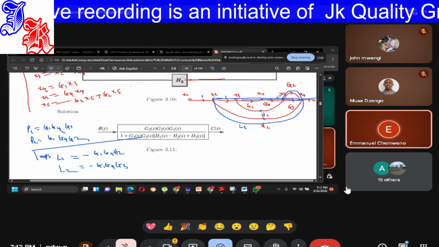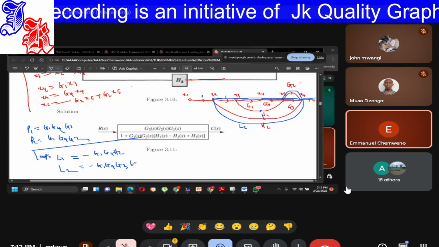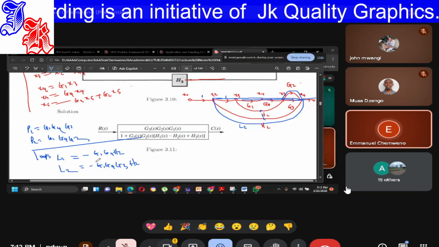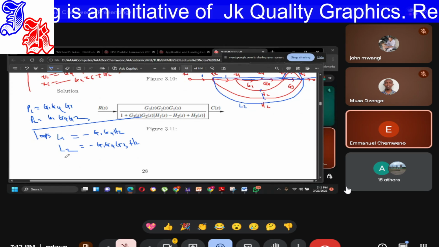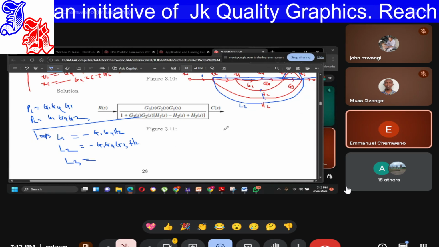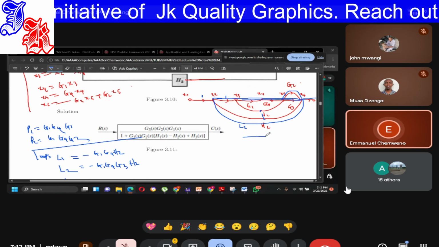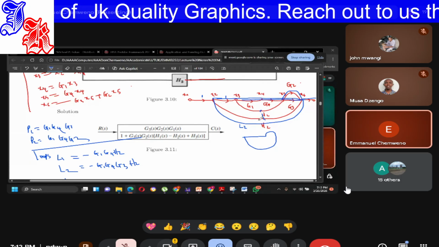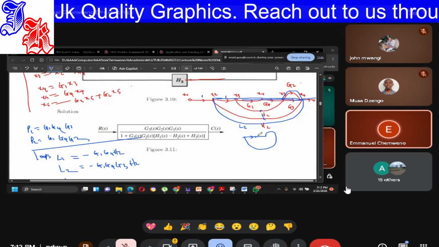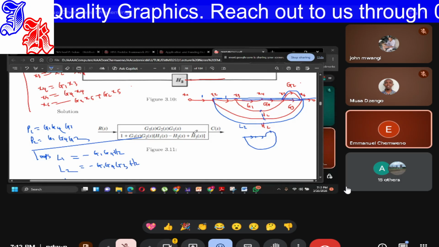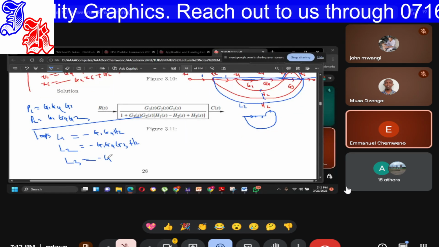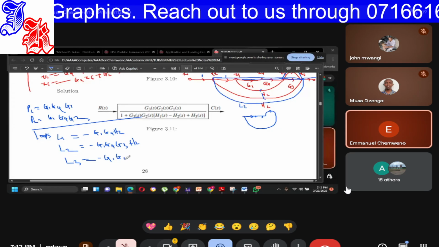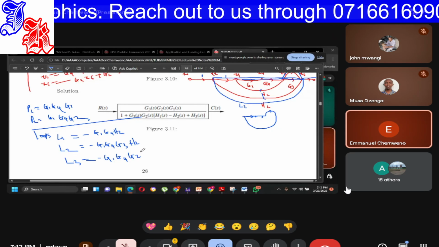G1, G4, G3, H2. And we also have another loop, 3. Is this loop that goes and then like that and then comes like this. So it's G1, G4, and G2, H2.